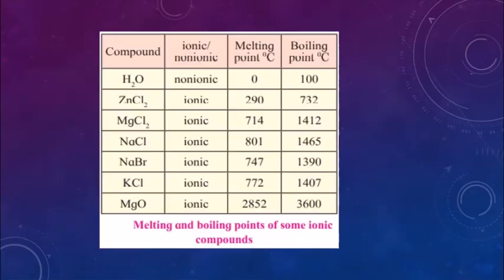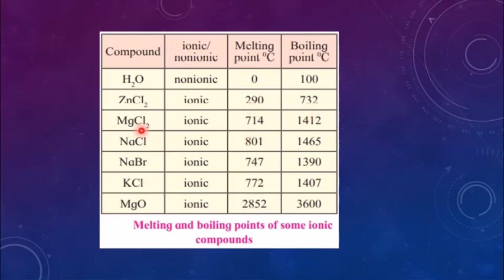Now here are a few examples of the melting and boiling points of some ionic compounds. So if you see H2O, this is a non-ionic compound, the melting point is 0 and the boiling point is 100. But ZnCl2, that is zinc chloride, is an ionic compound. So you see the melting point is 290 degrees Celsius and the boiling point is 732 degrees Celsius.